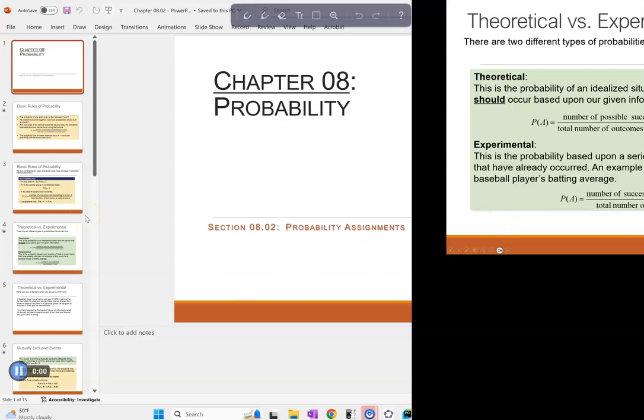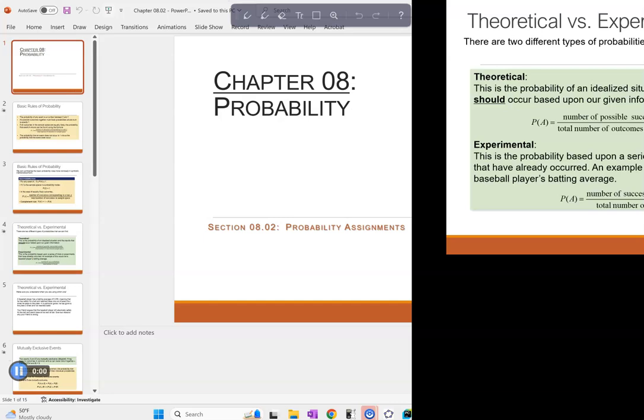What if we don't know the coin is fair, and we want to determine if it's a fair coin, or if it's not, what is the probability of heads versus tails? Here we could calculate an experimental probability. In the case of deciding whether a coin is fair or not, we might flip the coin 1,000 times and record how many times we get heads and how many times we get tails. So we could say the probability of heads would be the number of heads divided by 1,000.